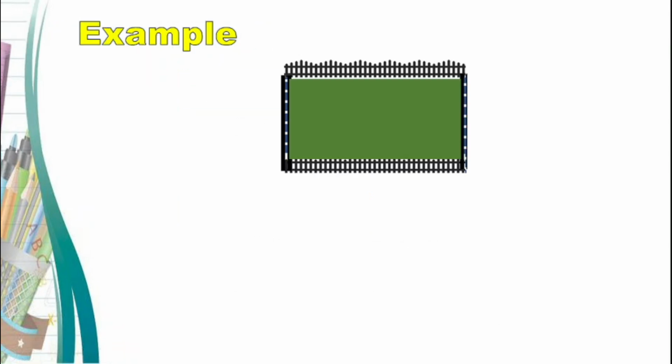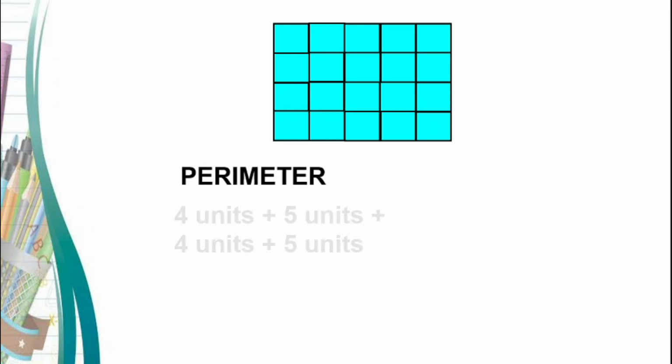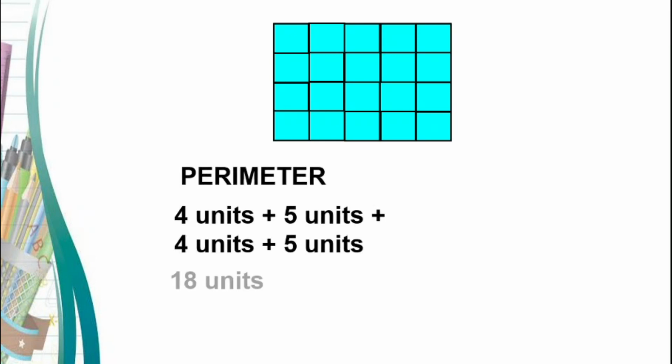Let's have some example, the perimeter and the area. So, the perimeter represents the fence in the garden, and the area is this one, the rectangular part. So, we can represent this one as the perimeter, and the perimeter is 4 units plus 5 units plus 4 units plus 5 units.